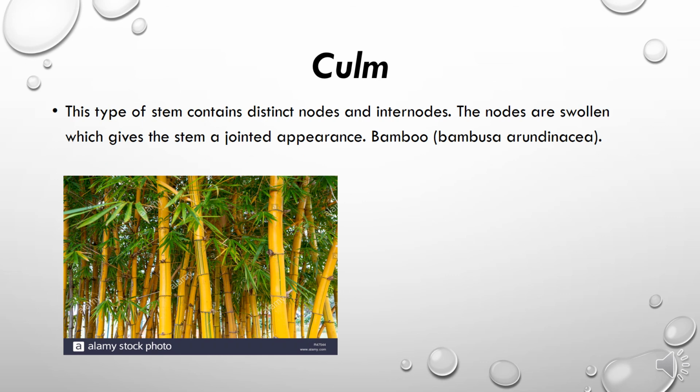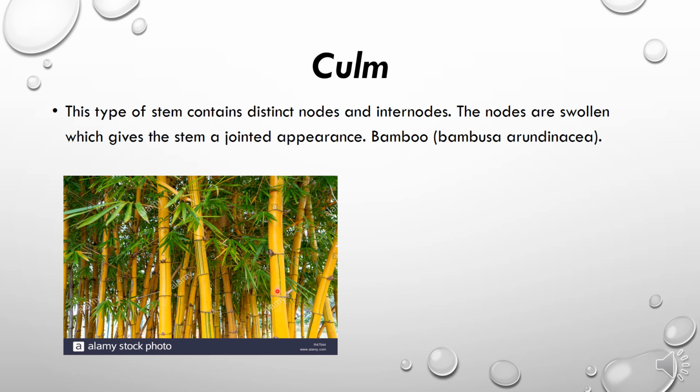Last one of the tree types is culm. This type of stem contains distinct nodes and internodes. The nodes are swollen, which gives the stem a jointed appearance, and these stems are hollow from the inside, as we have discussed for the fistular type of stem.